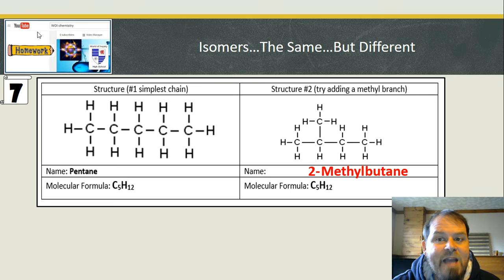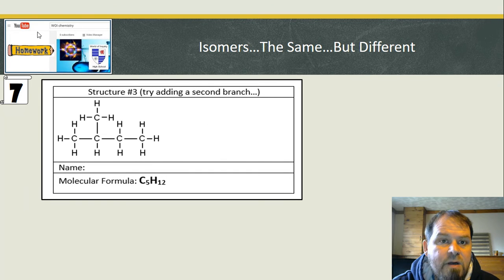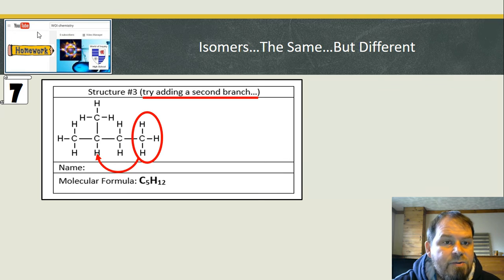Okay? Now, because there are enough carbons here, and the more carbons, the more changes you can make, I can actually make one more change to this current structure to create a third isomer. And what I'm going to do is add another branch. So I'm going to take this end carbon off, and I'm going to put it down there. And I'm going to make two methyls.